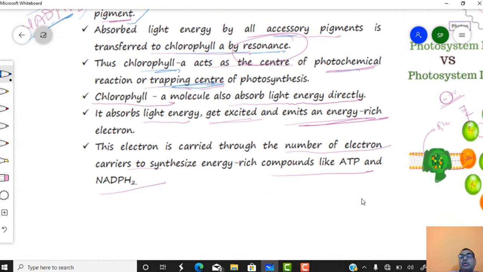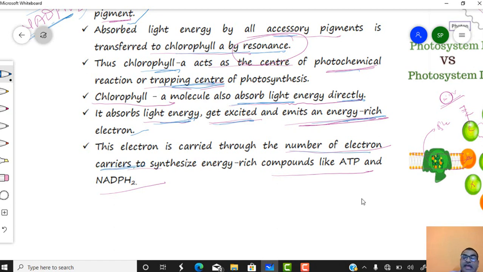The chlorophyll A molecule itself also absorbs the photons of light directly. It absorbs light energy, gets excited, and emits an energy-rich electron from its outermost orbit. This electron is carried through a number of electron carriers.